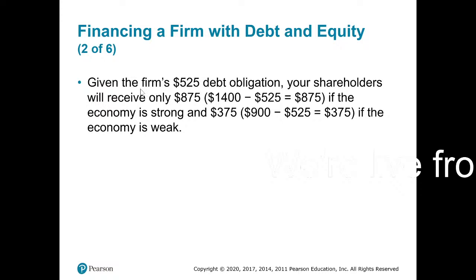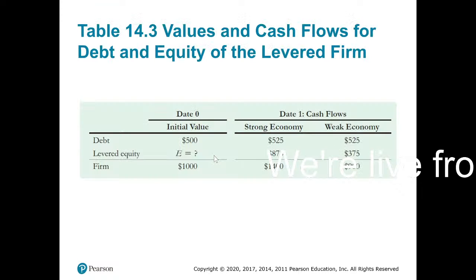Given the company has this debt obligation, the shareholders will receive only this much if the economy is strong. If the economy is weak, the shareholder can only get this. And then it's a weighted average, right? Because a strong economy or weak economy is equally probable, it's just the average of these two. So that's what we get.